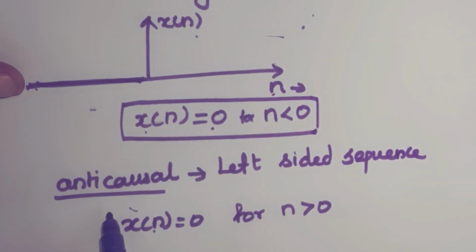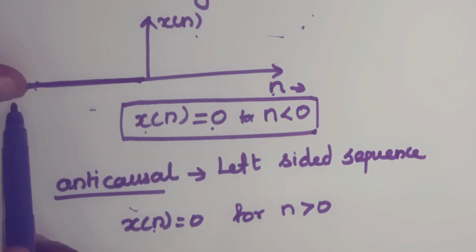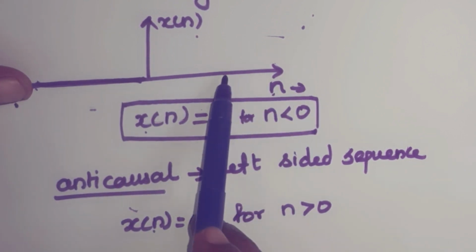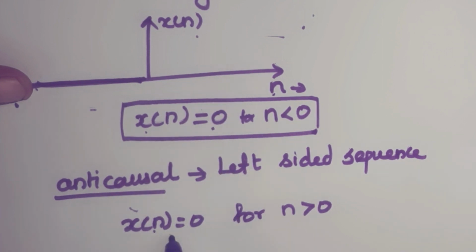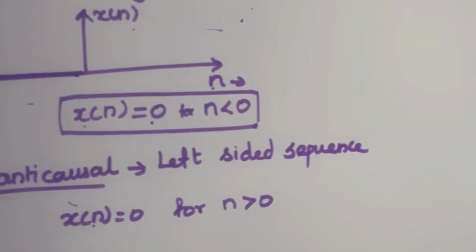Another signal is the anti-causal signal, which is a left-sided sequence. You get value only for negative values of n, and for positive values of n it becomes 0. So the condition is x of n is equal to 0 for n greater than 0. Okay, let us see some examples.